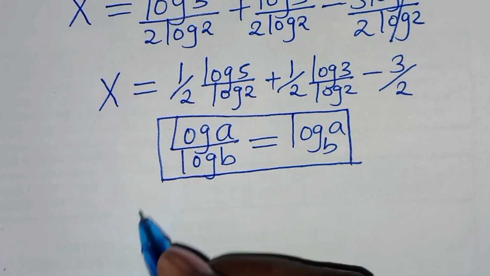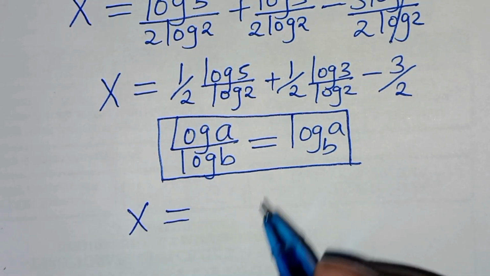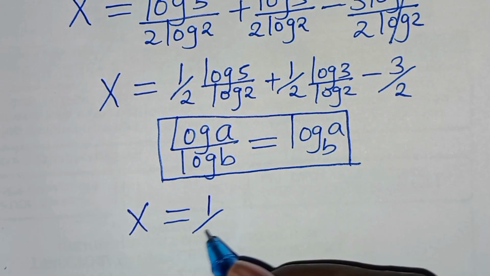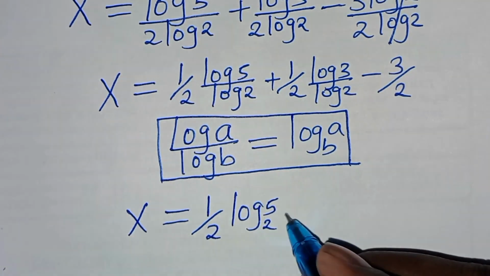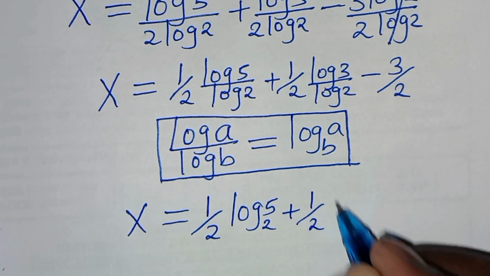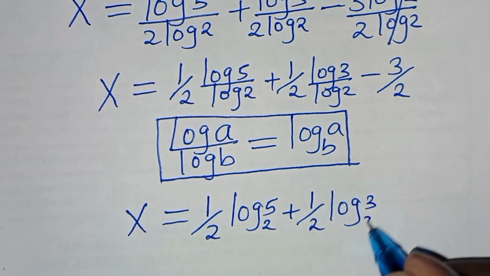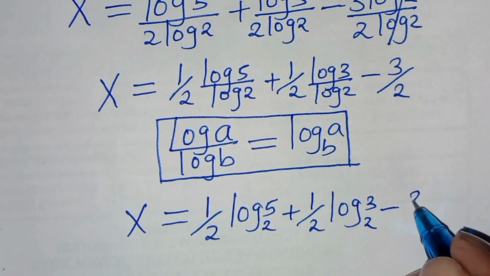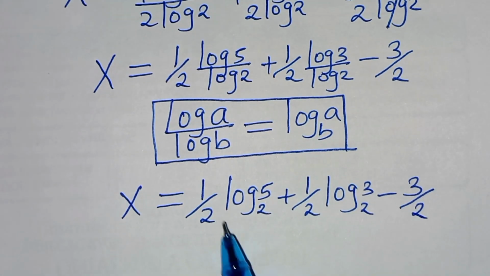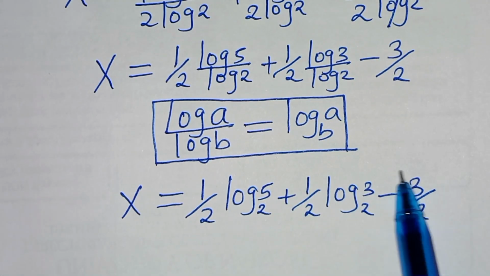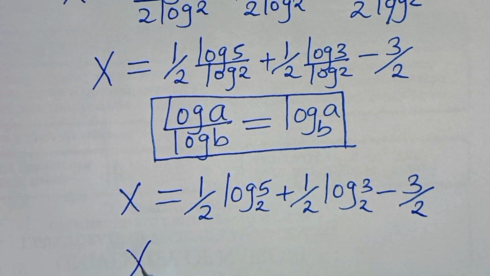then we can express x equal to, now this is half log 5 to base 2 plus half log 3 to base 2, then subtract 3 over 2. But you can note here that a half is common, so we can factor out a half.